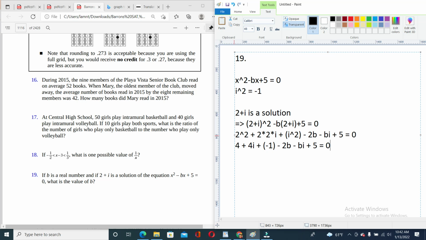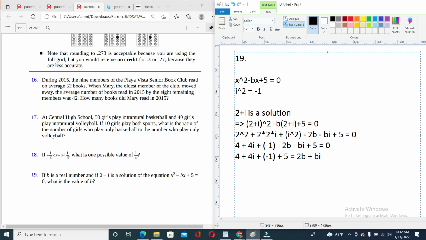So I'm going to put this part and plus 5 on the left side, and everything with b on the right side, so it's 2b plus bi, like this.